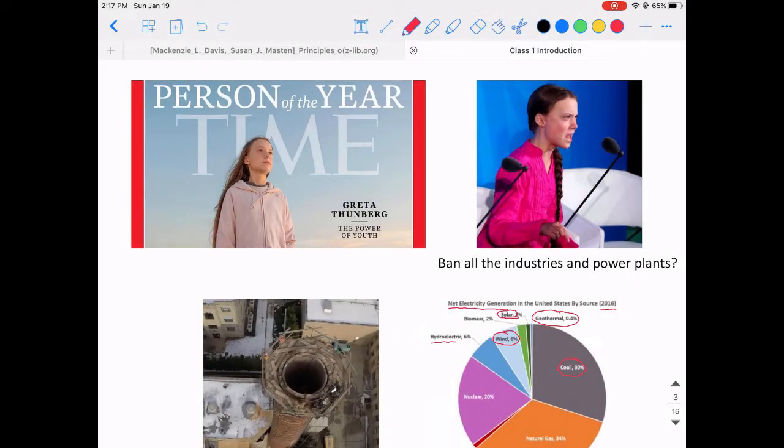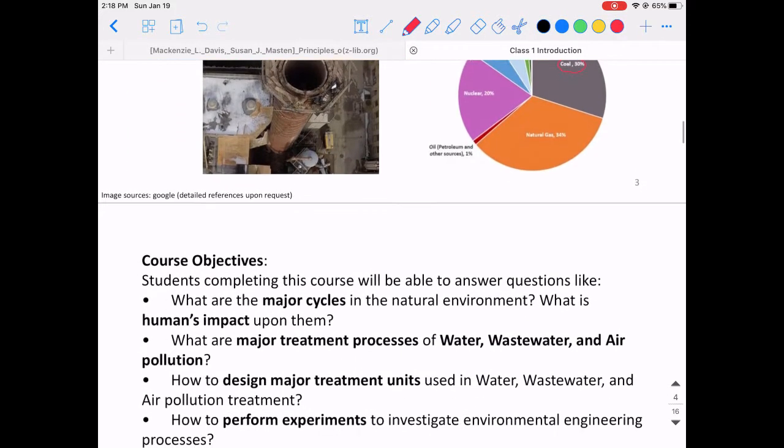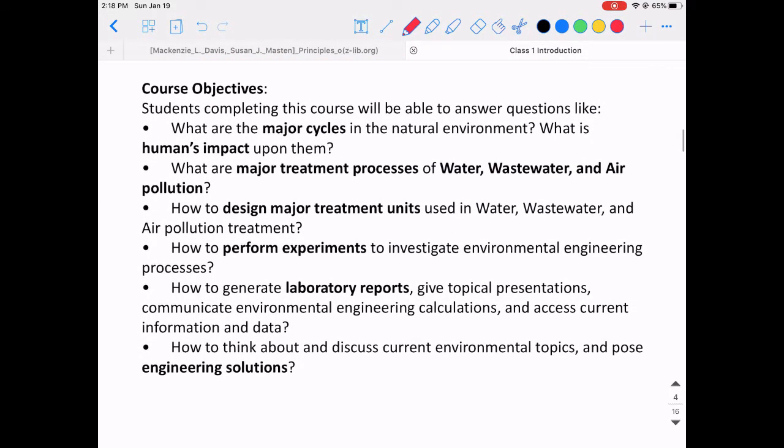Through this class, you'll start to realize the basic principles in designing these environmental engineering devices to solve the problems in water treatment, wastewater treatment, and also air pollution. Okay, so you will realize what is the scale we're talking about and what are the design principles for these devices. So here is an overview of the course objectives.